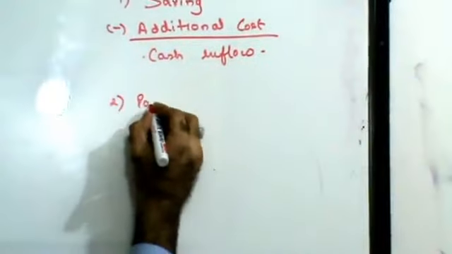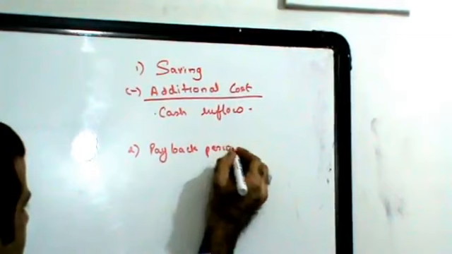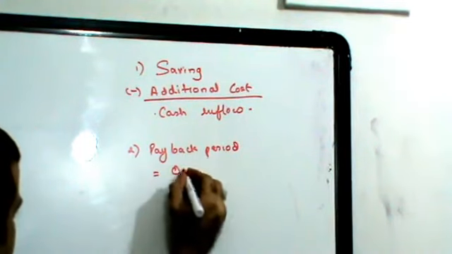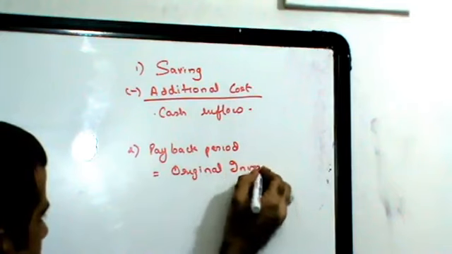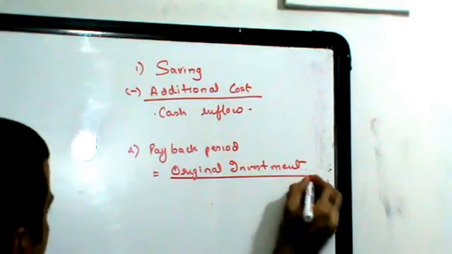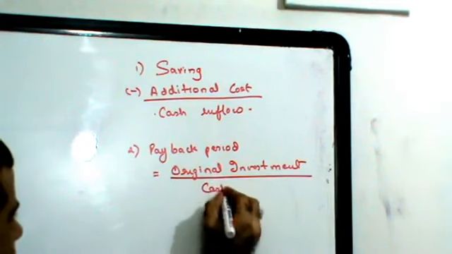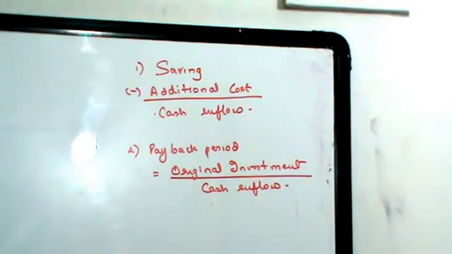Second, payback period is nothing but original investment upon cash inflow. Initially, let's just start with these two formulas. Then, as we proceed with the chapter, we'll build on this.